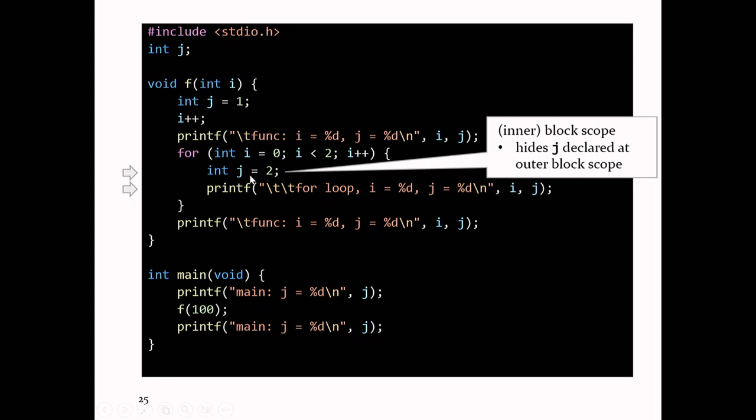So that J hides that J and that J inside the loop body. So when you use J here, it's that J that's being used.